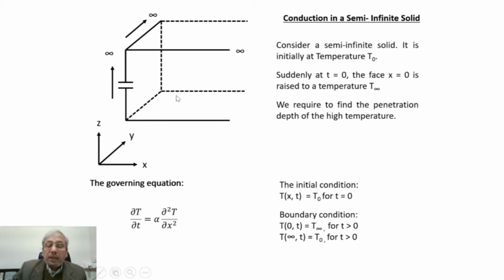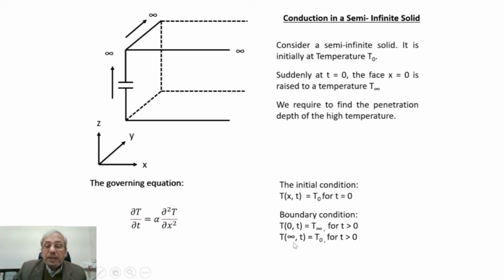And what we want to see is the temperature distribution, but we know one condition, that for finite time, after the time elapses, the temperature is expected to penetrate in the x direction.